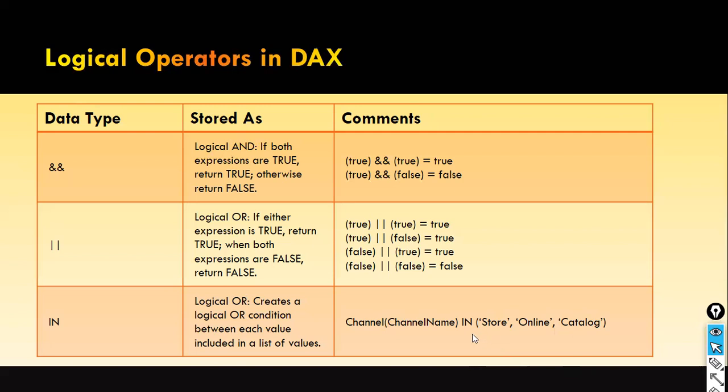Instead of using in, you can use or: where channel name equals store, or channel name equals online, or channel name equals catalog. In that case, it will return all those values. So instead of writing multiple ORs, you can use in.